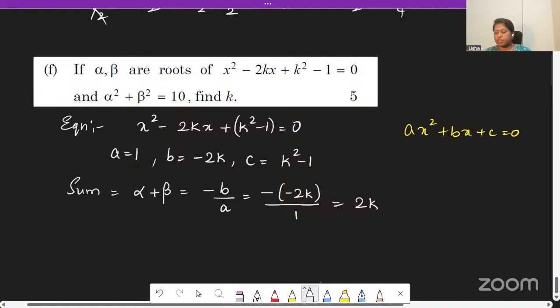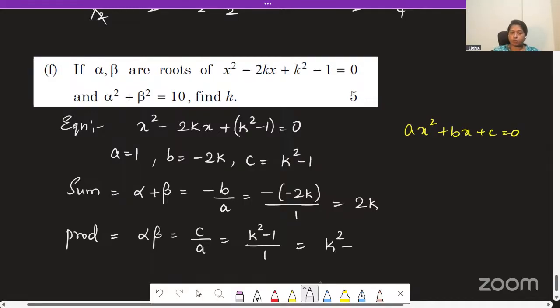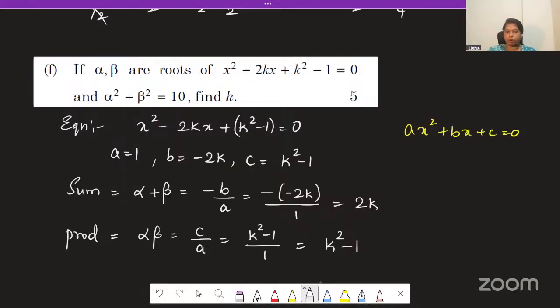Alpha plus beta is 2k. Next, write the product. Alpha into beta is c by a. What is c? It is k square minus 1, and a is 1. Therefore, this is k square minus 1. We have got the sum and product.